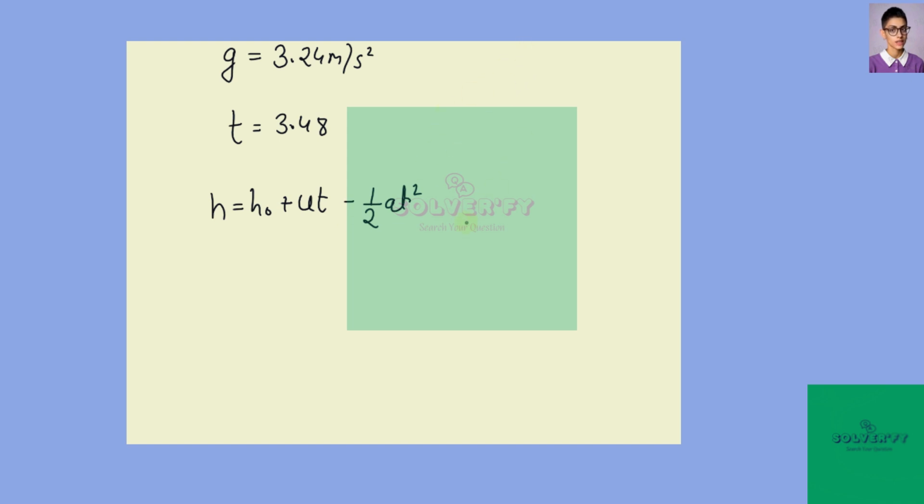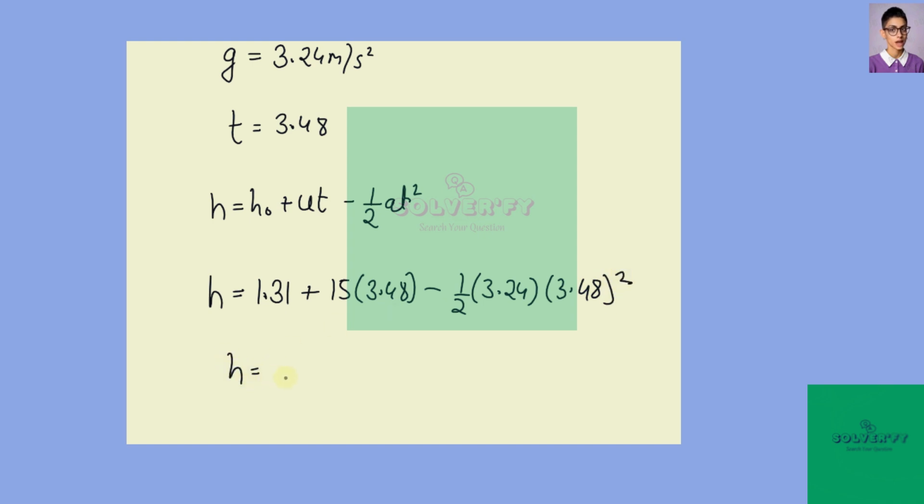If we plug in the values and calculate, h is equal to h naught 1.31 plus u times t, 15 times 3.48, minus 1/2 times acceleration 3.24 times t squared, that is 3.48 squared. If we calculate this, h turns out to be 33.9 meters. So this is the first part.